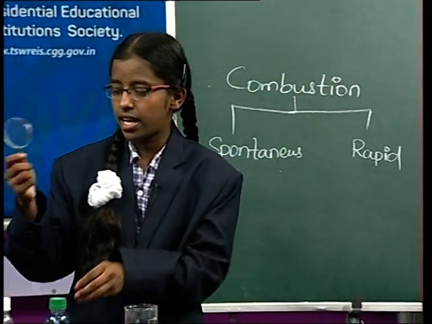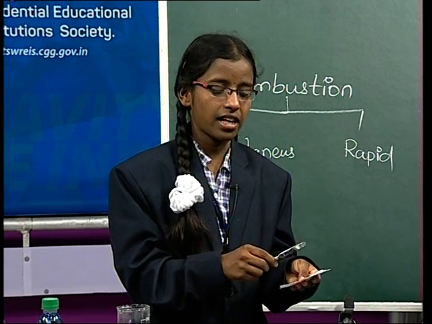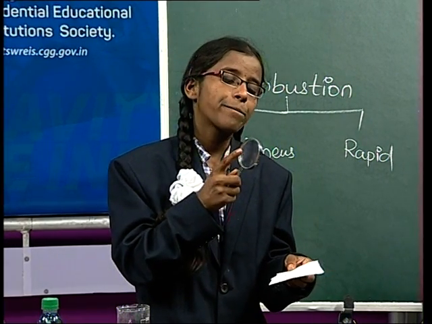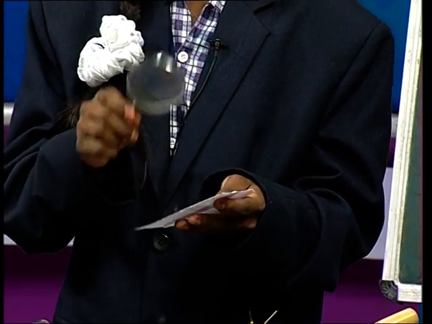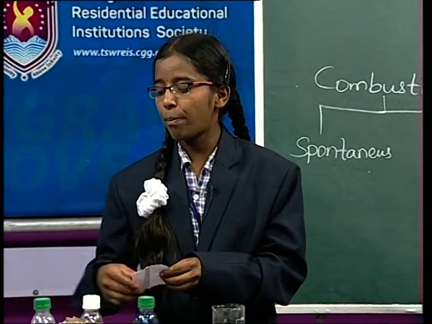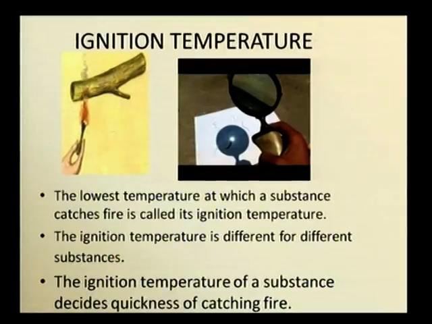See, this is the lens, and when we keep the lens on the paper in sunlight, the sunlight will be focused by the lens onto the paper, and the temperature at which the paper burns is called the ignition temperature of the paper.